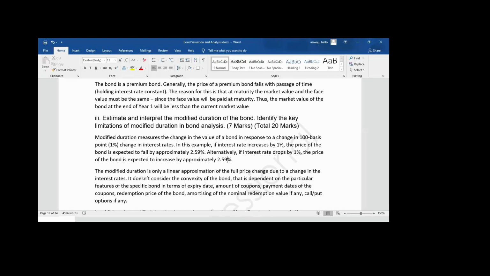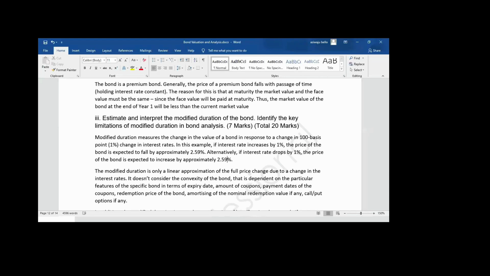When we say convexity, we mean the particular characteristics of the specific bond in terms of expiry date, amount of coupons, the payment dates of the coupons, redemption price of the bond, amortizing of the nominal redemption value, if any.